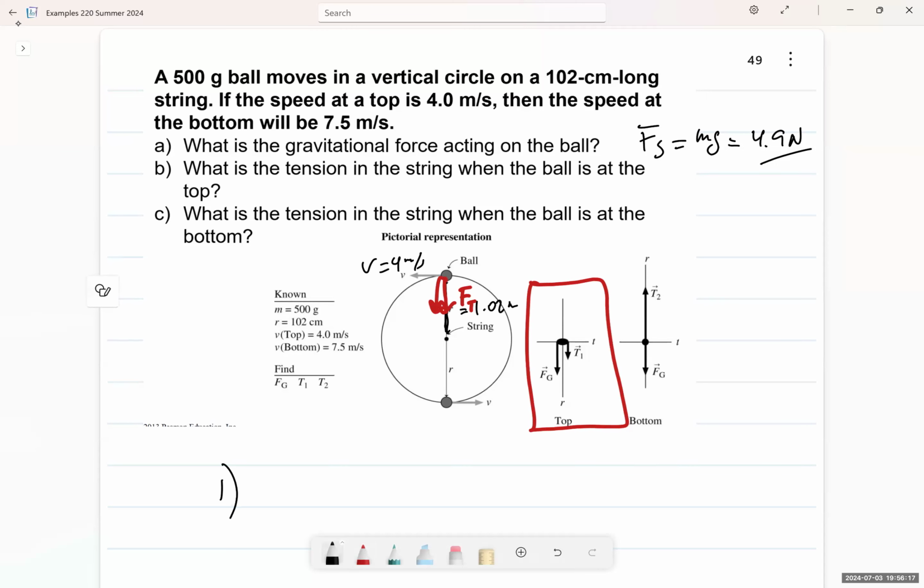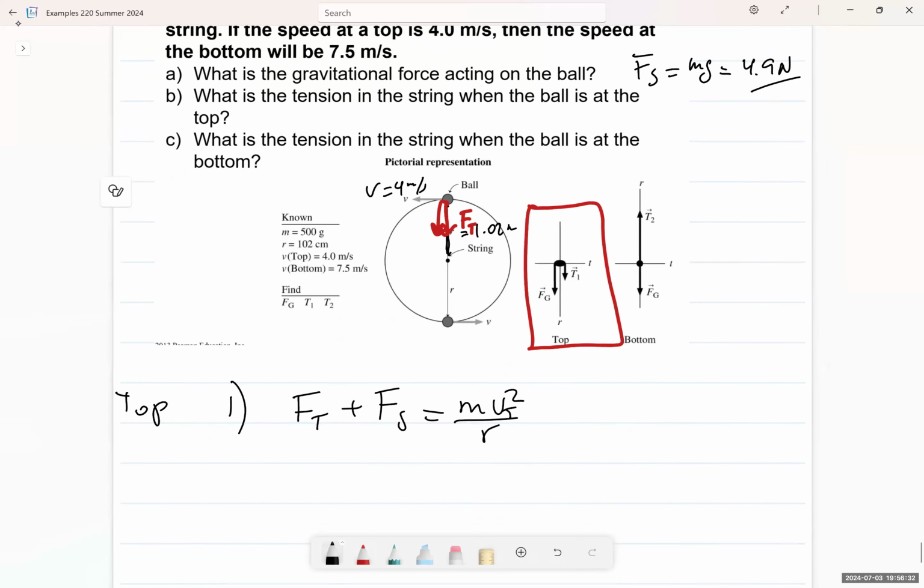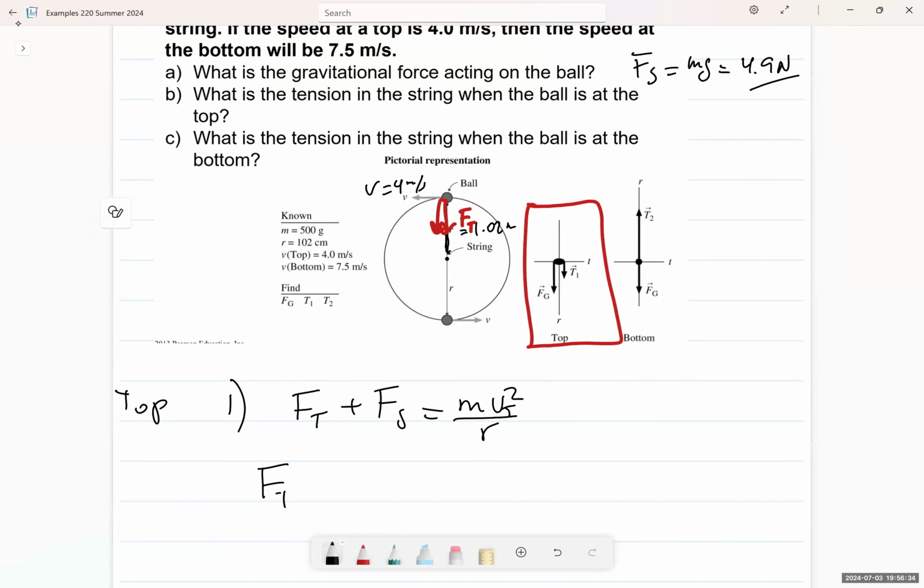So equation 1, let's talk about that. This is at the top. The tension force plus the gravitational force together is the net radial force, and it equals mv squared over r. So the tension force is equal to mv squared over r minus the gravitational force.